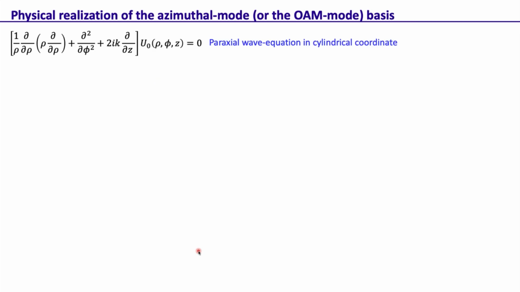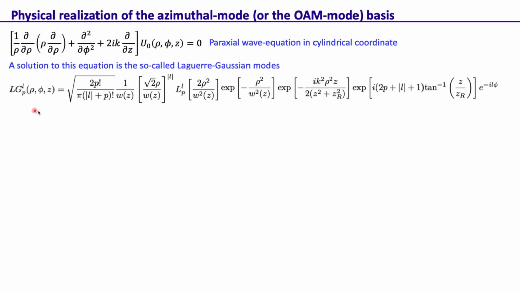Now, without going through the detail of how to solve this equation, I will give some references where this has been solved. But that's a paraxial wave equation in cylindrical coordinate, and one of the solutions to this equation is the so-called Laguerre-Gaussian solution, or Laguerre-Gaussian modes. These Laguerre-Gaussian modes look like this.